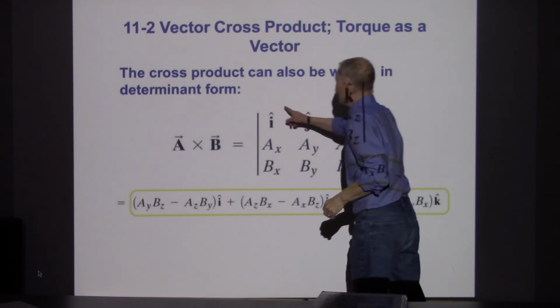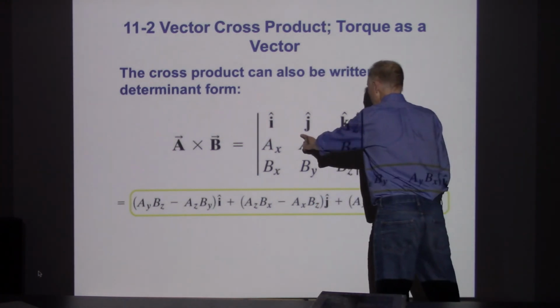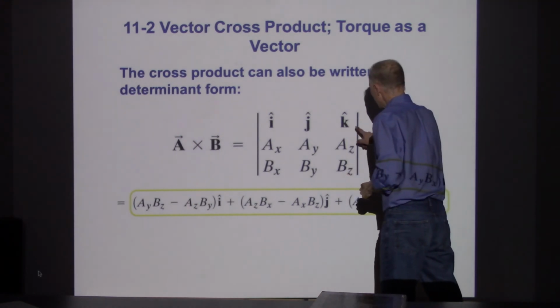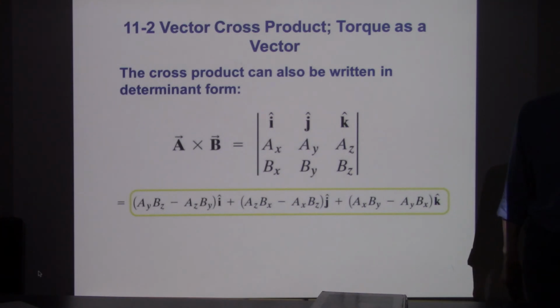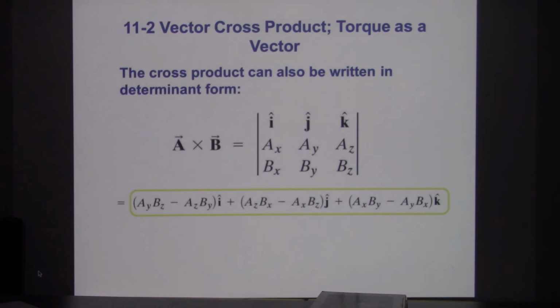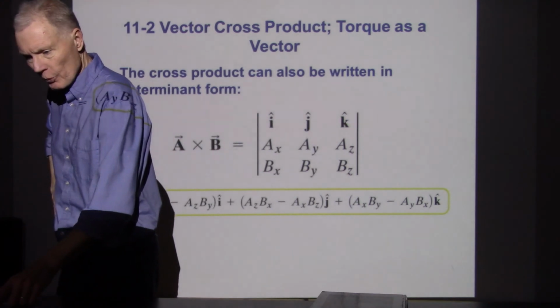So in the x direction, we'll use the i unit vector, and that would be AyBz minus AzBy. So it does turn out that there are rules for taking the determinant of a matrix, but I guess I just prefer writing the whole thing out. That's my preference, but the determinant approach can also be used for these cross products.